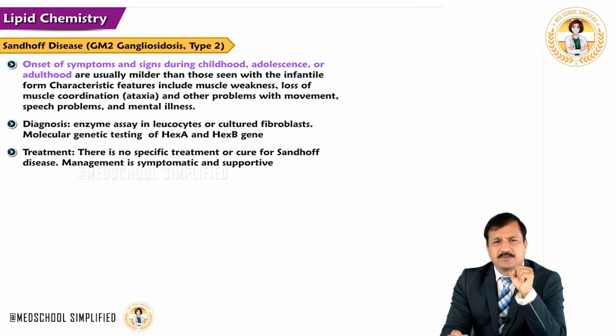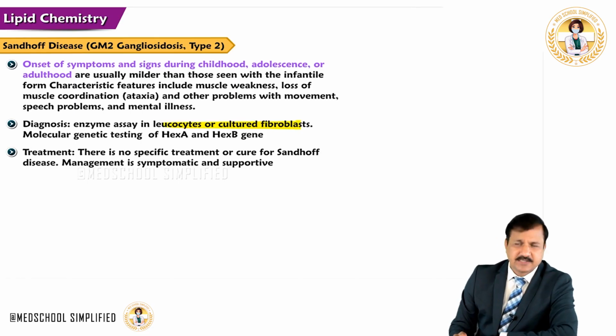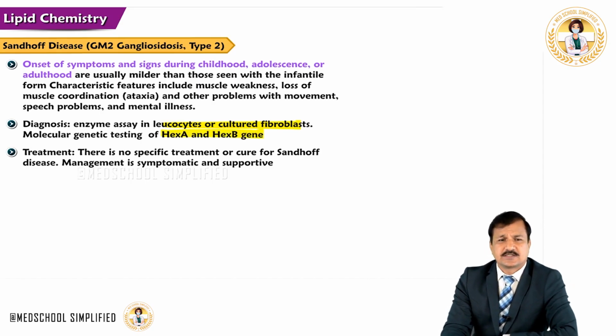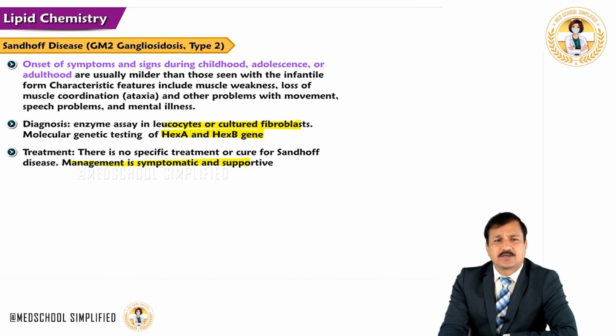For diagnosis, again, leukocytes or cultured fibroblasts for enzyme determination, or molecular genetic testing for HEXA and HEXB gene analysis. Treatment, just like Tay-Sachs disease, there is no specific treatment or cure for Sandhoff disease. Management is symptomatic and supportive.